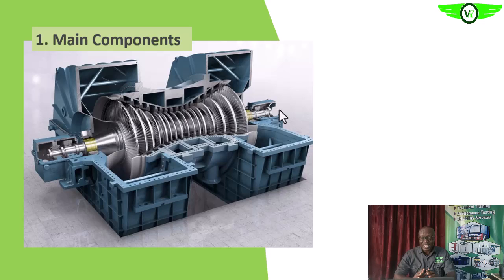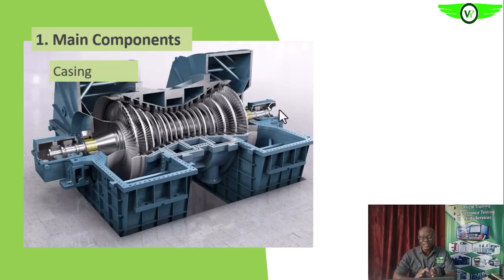It is basically made up of the stationary part, which is the stator, and the rotor. Those are the two major components of the steam turbine. On the rotor and on the stator, we have other components that make the steam turbine function properly. We are going to see all of this.